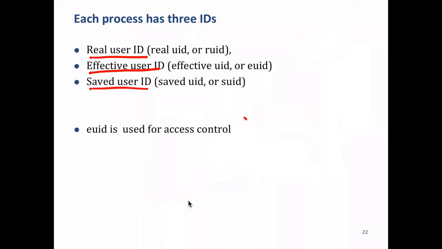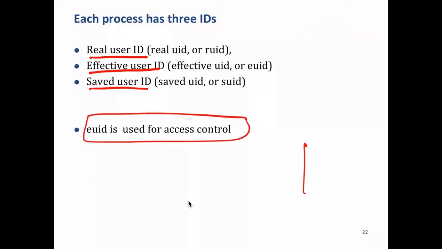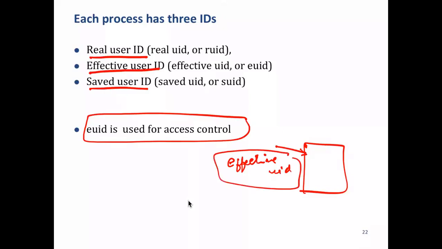The one which is used for access control of a file or resource is the effective user ID. We'll look at this. So now you are trying to read a file, then not my original user ID is used.